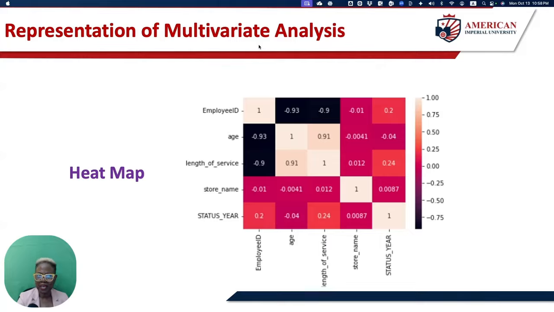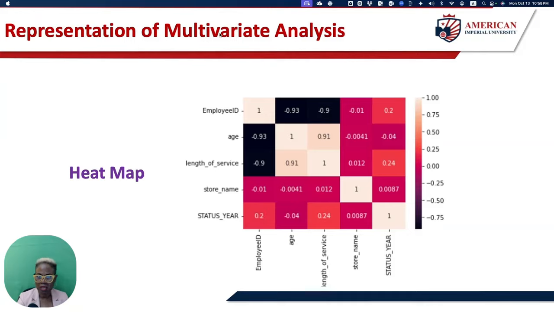And one of the best ways to visualize the relationship between several different variables at the same time is to use a heat map. It allows you to visualize the correlation. The color is representing the strength, the intensity of the correlation between the variables, and you can see all of the pairs of relationships in one visual.